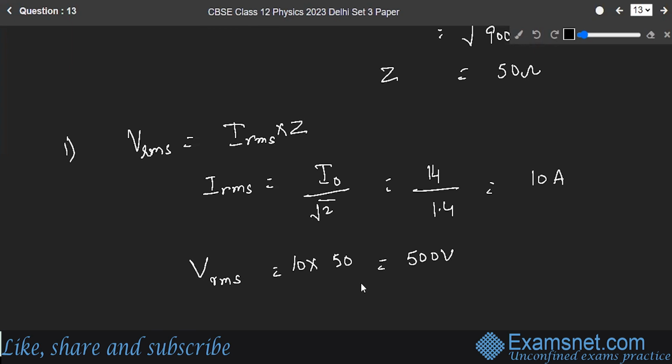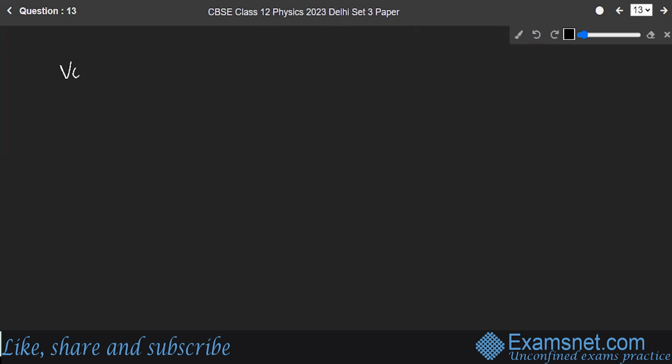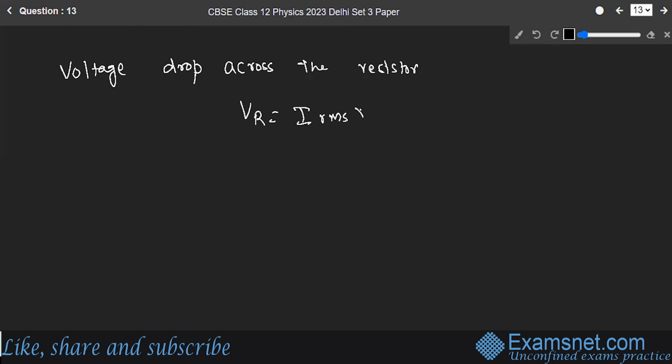So the voltage drop across the resistor VR is equal to IRMS multiplied by R, that is equal to 300 volt.